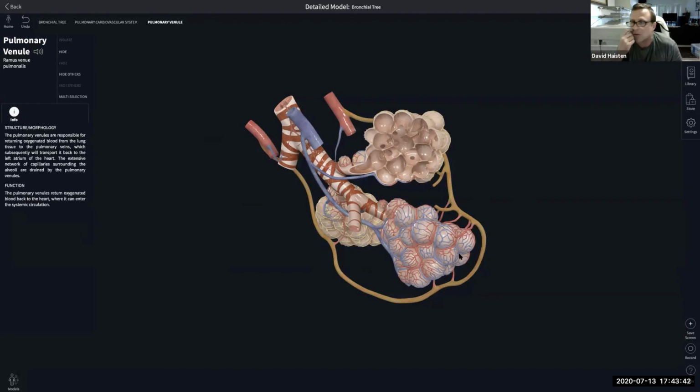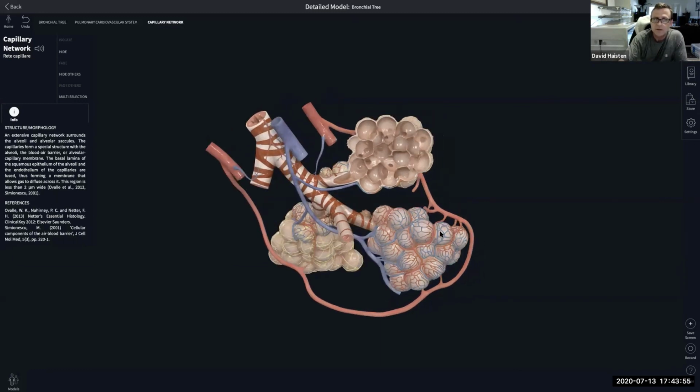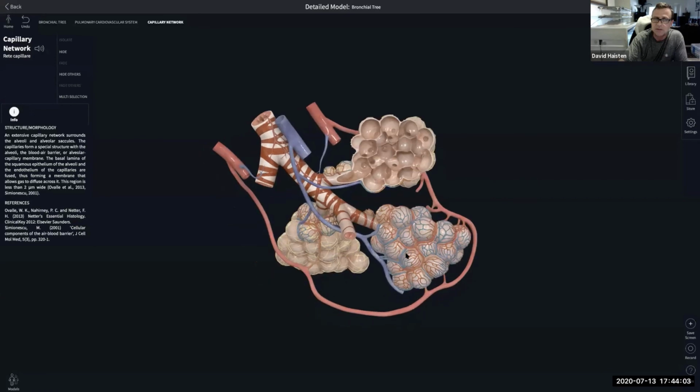Notice the venules are oxygenated red and the arterioles are blue, deoxygenated. Here you see the pulmonary capillary bed, capillary network, and then there's elastic. Really, both are present. You can see a capillary network and elastic net around each alveolus.